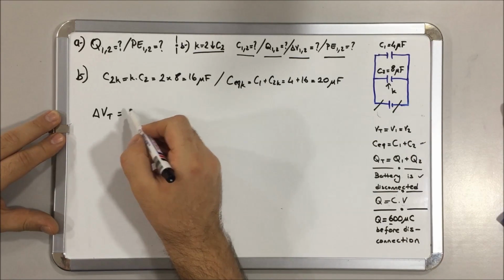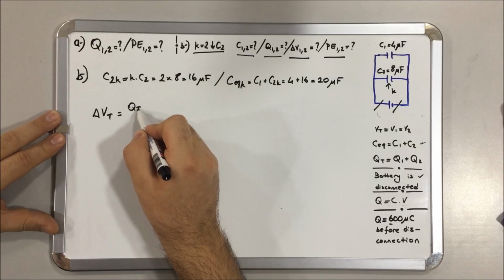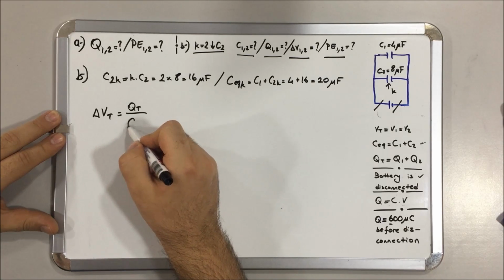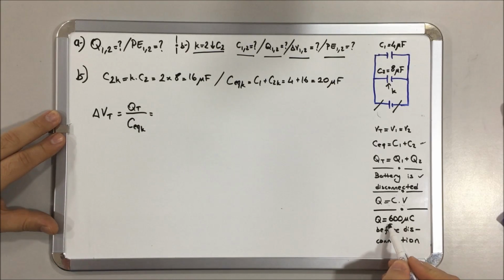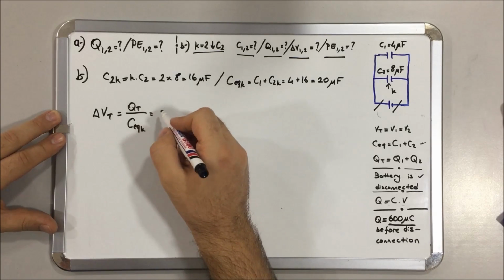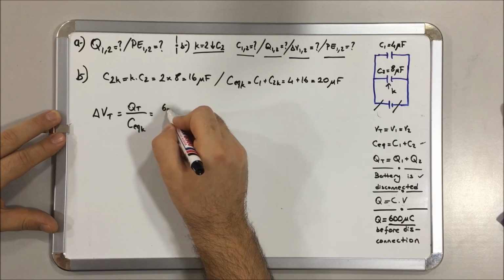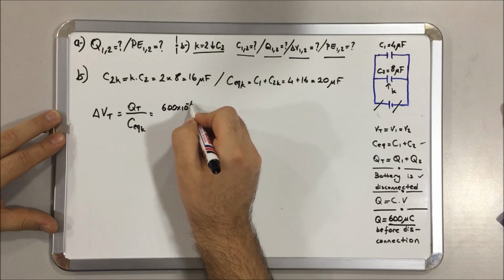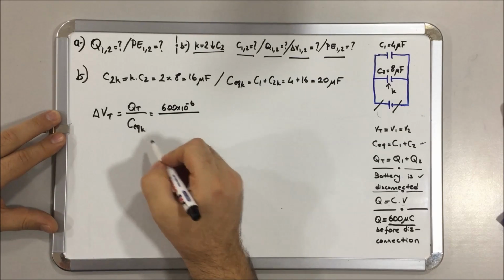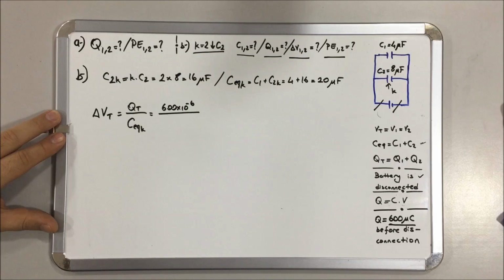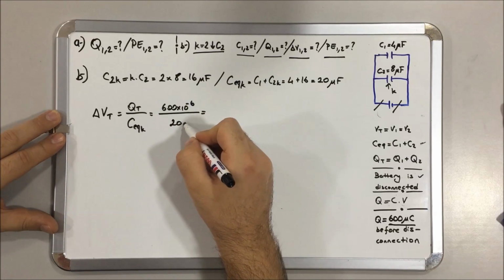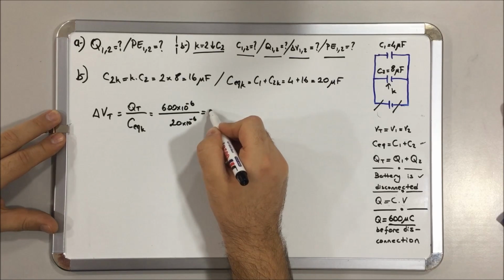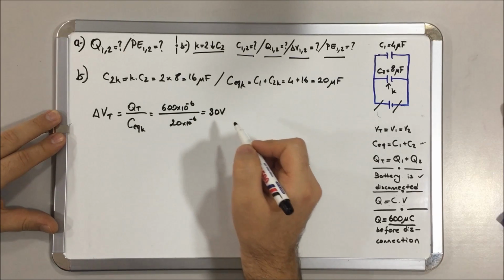So delta V total is equal to Q total over C with dielectric. And Q total does not change, because the battery is disconnected, it cannot get more charge. So it's equal to 600 times 10 to the power of minus 6 over 20 times 10 to the power of minus 6. The result will be 30 volt.